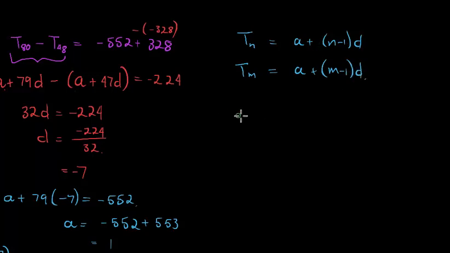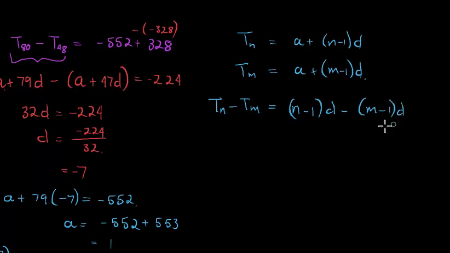Now look what happens when I subtract them: Tn minus Tm. A minus A gives me 0, so I get (n minus 1)d minus (m minus 1)d.